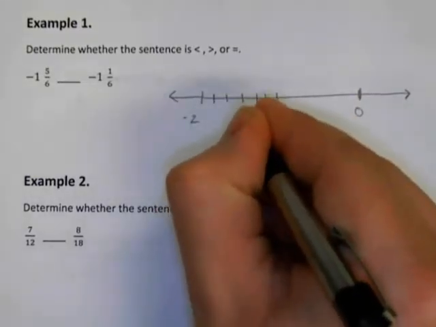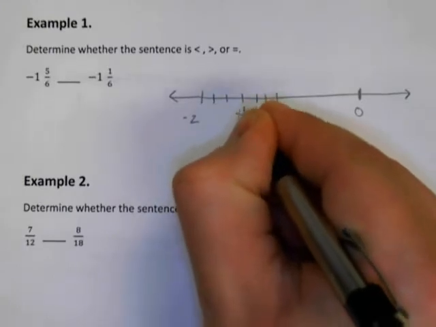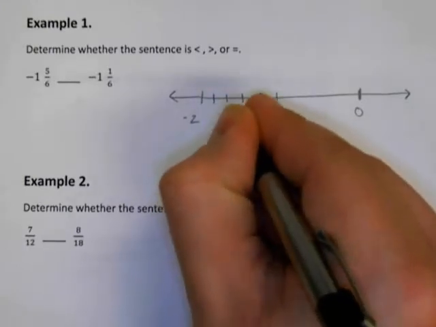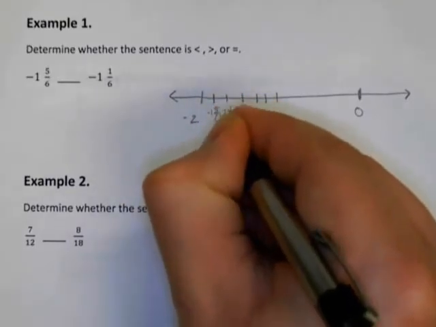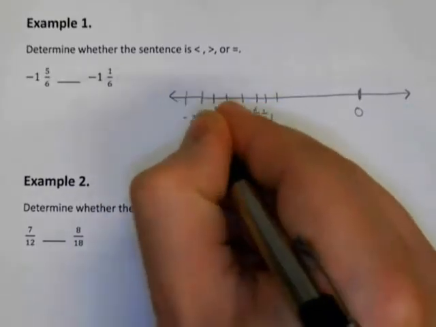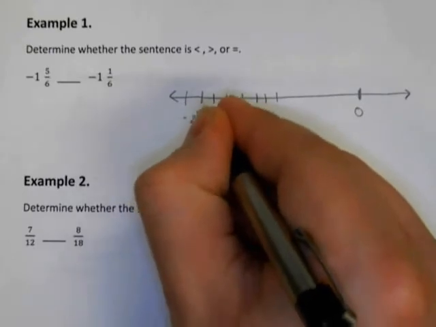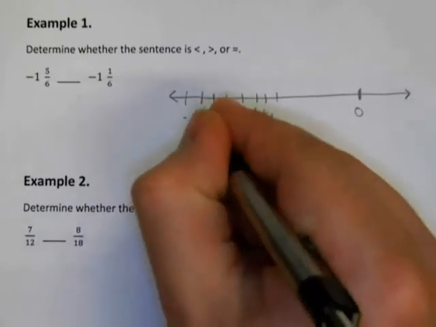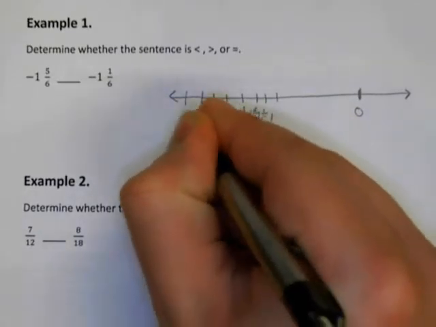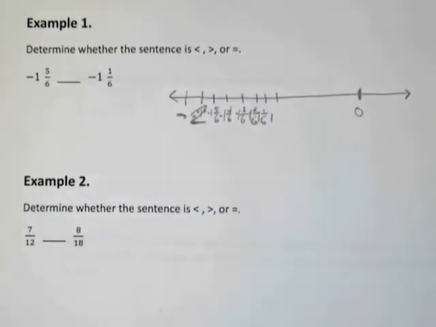I should have made my number line bigger. Negative 1 3/6, negative 1 4/6, negative 1 5/6. Actually, negative 2 would be right here. Sorry, so this is negative 2. And sorry for all that big mess.